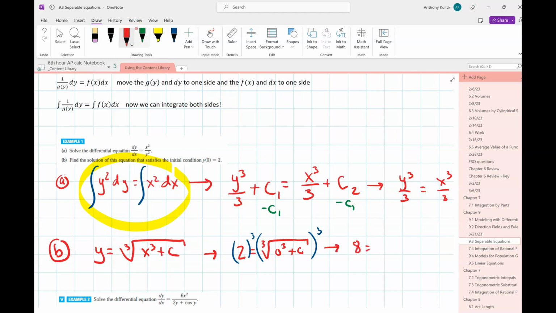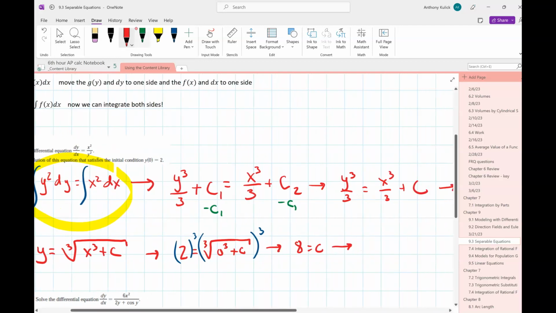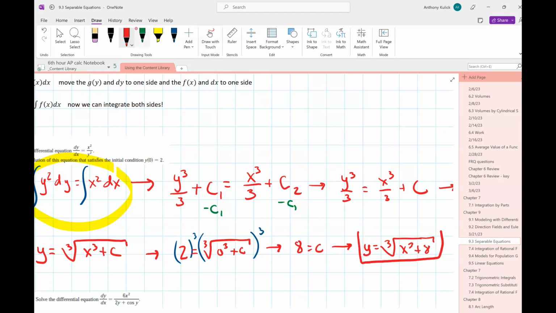And we get that 8 is equal to c. So my final solution then is y equals the cube root of x cubed plus 8. That's all she wrote. Not a big deal, right?